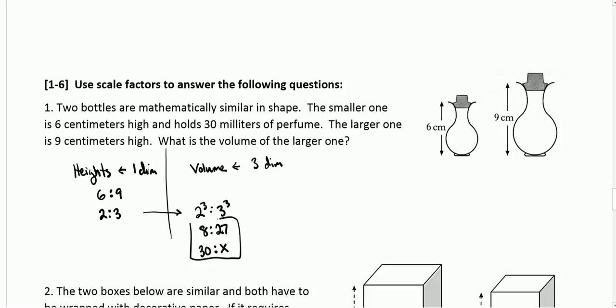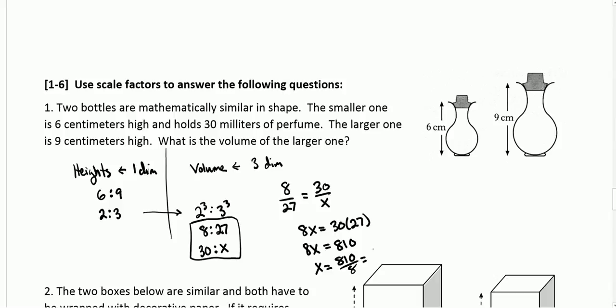So we're going to take these two right here, the 8 to 27 and the 30 to x, and we know those are equal to each other, so we set up a proportion. 8 over 27 is 30 over x, and cross multiply. 8x equals 30 times 27, or 8x equals 810. 810 divided by 8 is 101.25, and we're looking at milliliters. That's our volume.